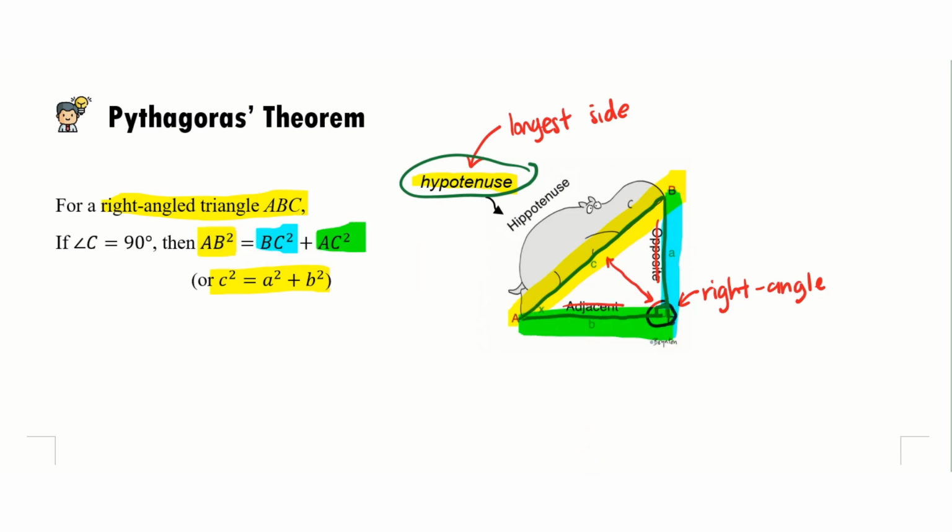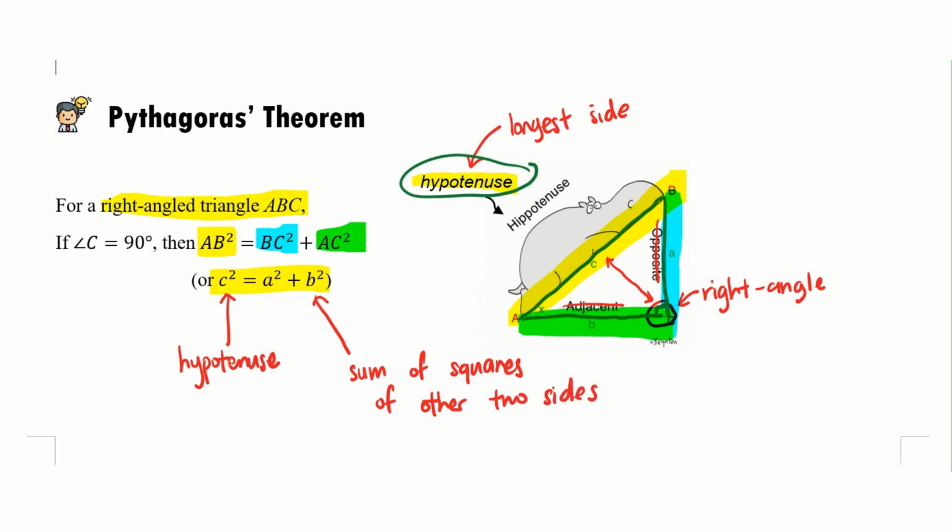Essentially, it must always be the square of the hypotenuse equal to the sum of the squares of the other two sides. This is how I read it in terms of words.